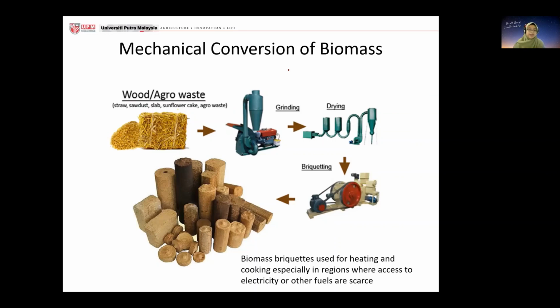Through mechanical processes you can grind them and dry them, and then using briquetting methods, you can produce briquettes such as this. This can be used for heating and cooking, especially in regions where access to electricity or other fuels is scarce.